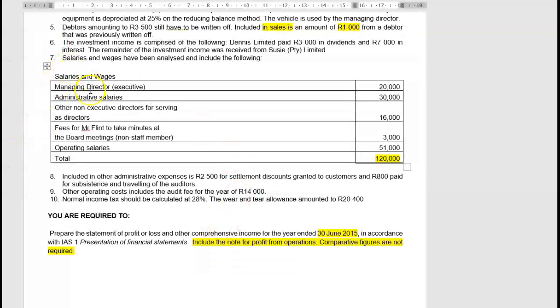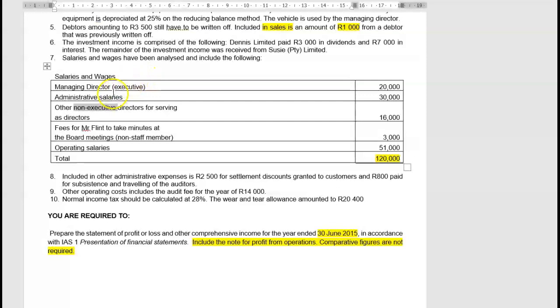You know that we have to show directors' remuneration. When we show directors' remuneration, we have to distinguish between executive directors and non-executive directors. Under each one of them, we have to disclose whether it was for services rendered as directors, for managerial services rendered, or for costs that they have recovered from the entity.